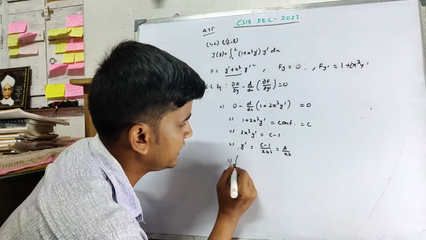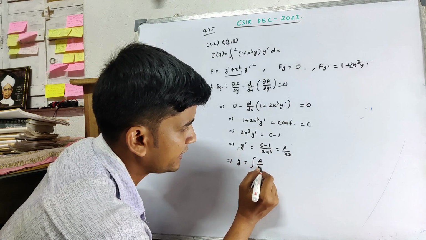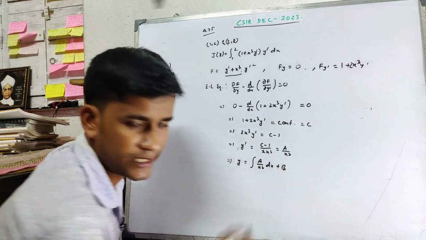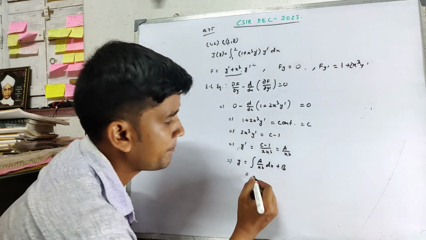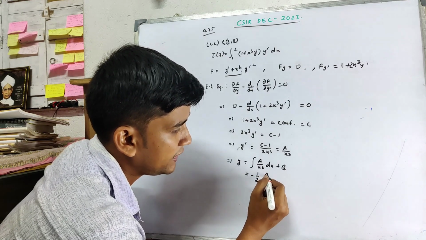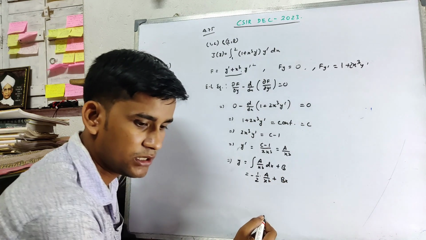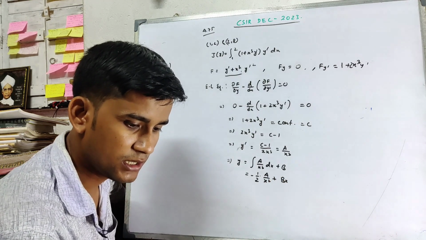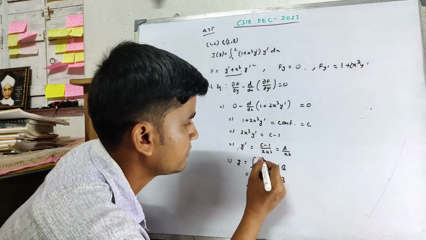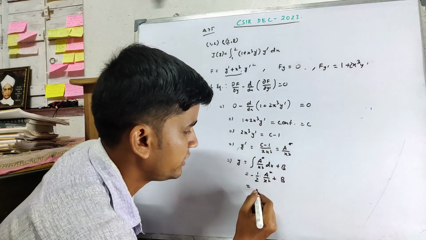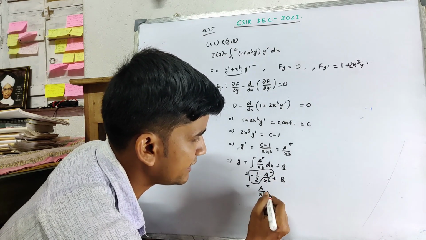Now if we integrate, y equals the integral of a by x cube dx plus an integrating constant b, which is minus 1 upon 2 a by x square plus b. Since this is a total constant, we can just write y equals a by x square plus b.